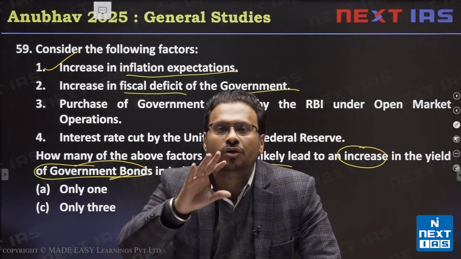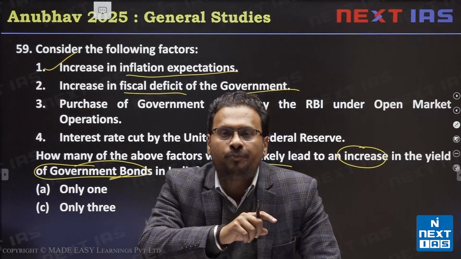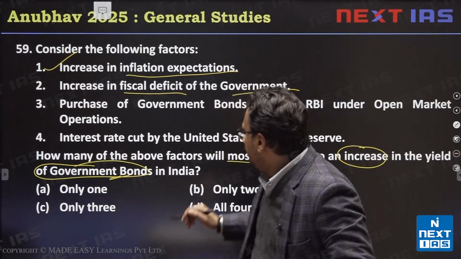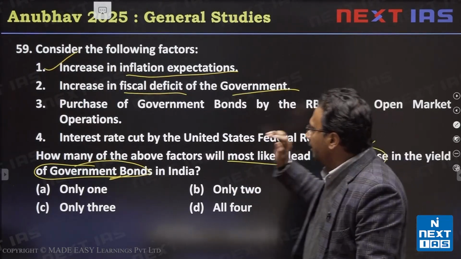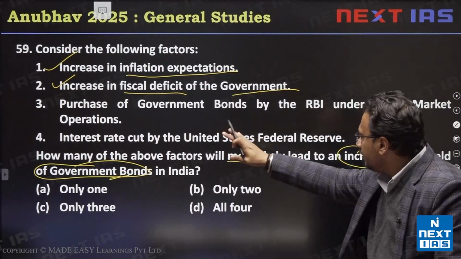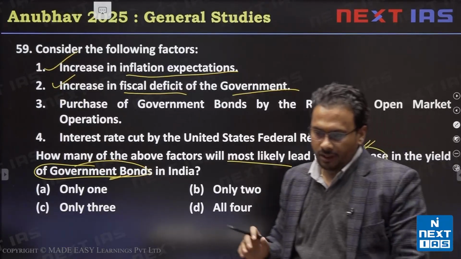So the bond prices will go down. And if the bond prices are lower, that means it will increase the bond yield. Correct. Third, purchase of government bonds by the RBI under open market operations. Now understand.